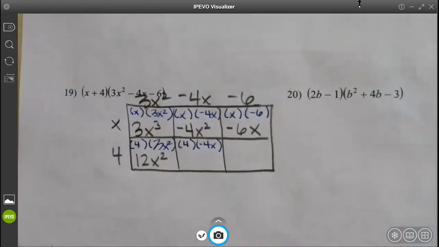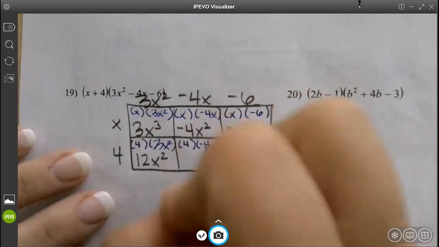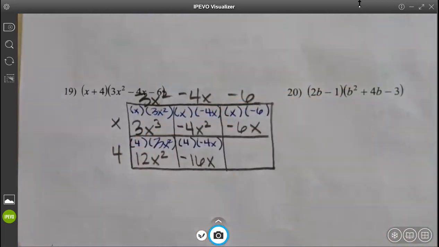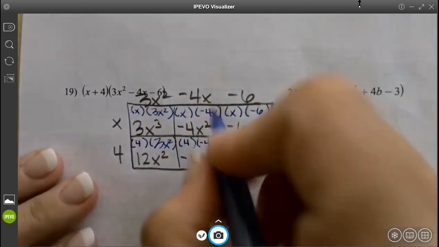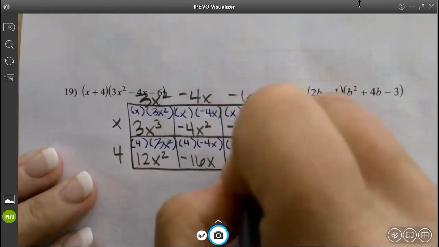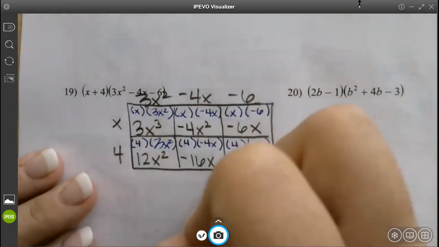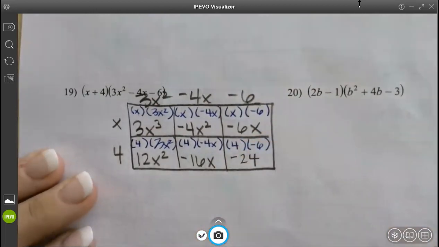And the next one, I have 4 and negative 4x. 4 times negative 4 is negative 16, and there's only 1 x. And then in the last box, you have 4 and negative 6. 4 times negative 6 is negative 24.